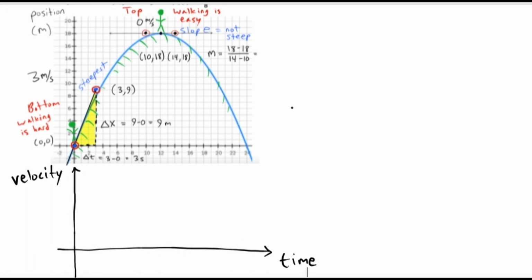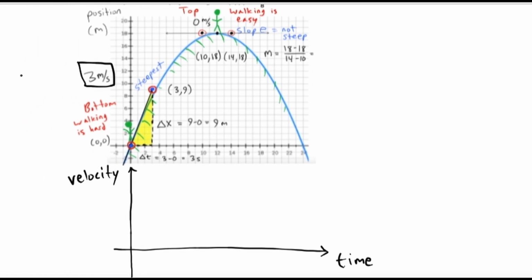You've got to use some facts that you have from the graph above, like some evidence, just some starting points that are irrefutable. One that's irrefutable is that the initial velocity of this guy is 3 meters per second.